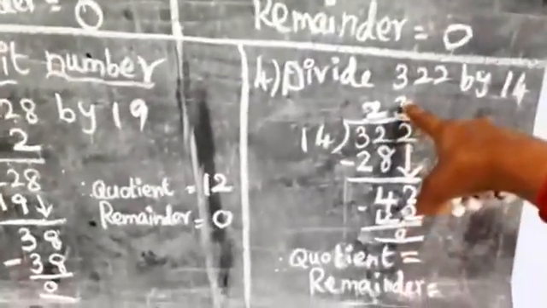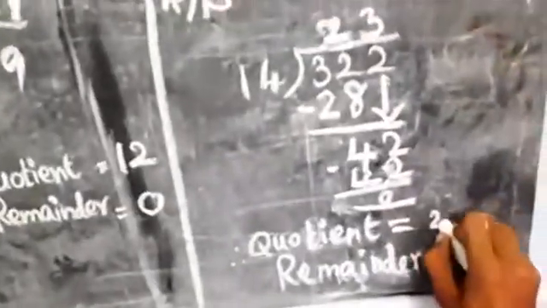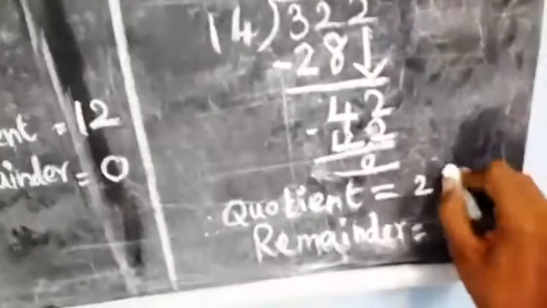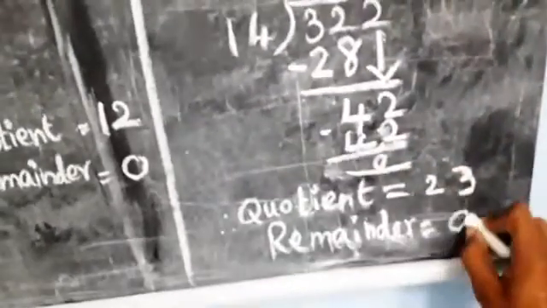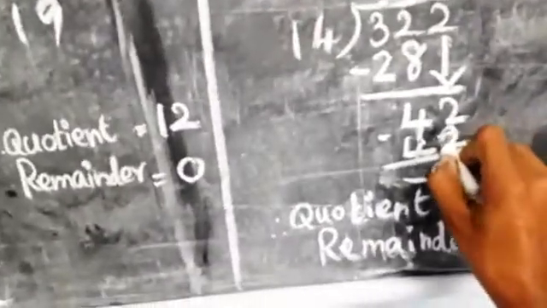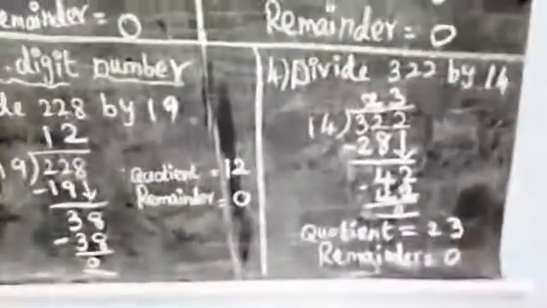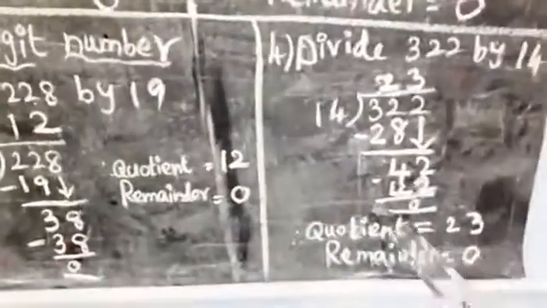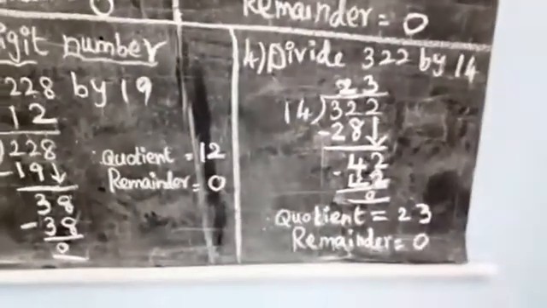Therefore, the quotient is equal to 23. Remainder is equal to 0.